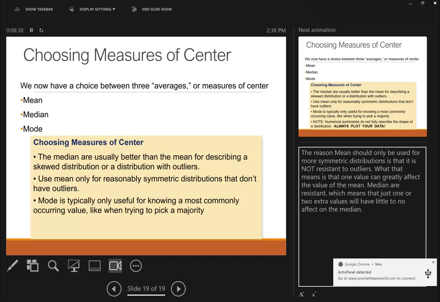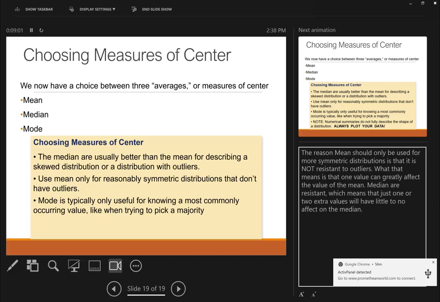Mode you'd use for non-quantitative data. So if we asked everybody their favorite color, we can't really take the mean of colors or the median of colors, but I could look at the most frequent favorite color as the mode. Everybody's okay with that?